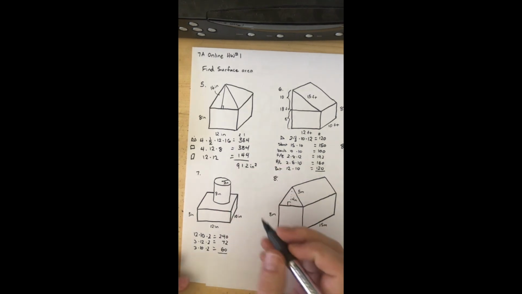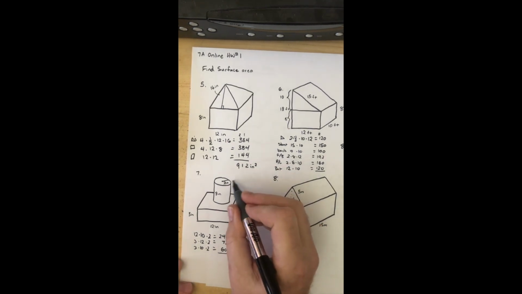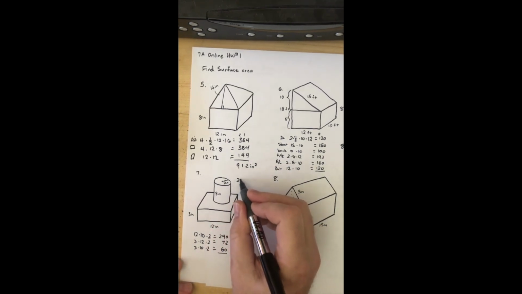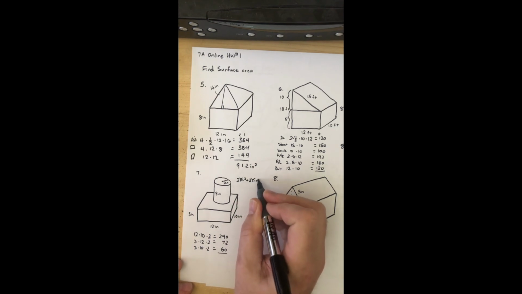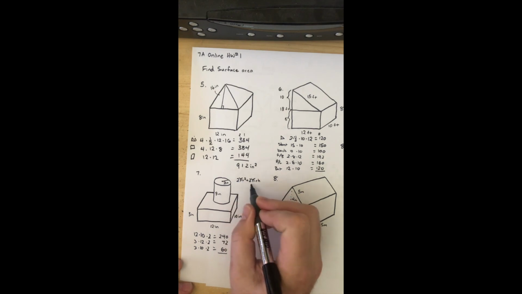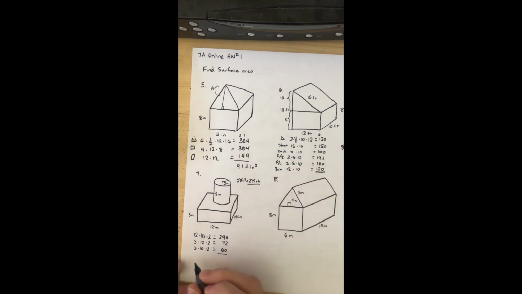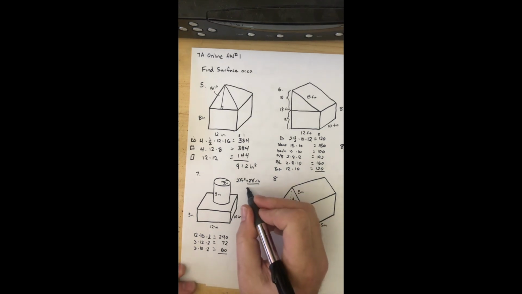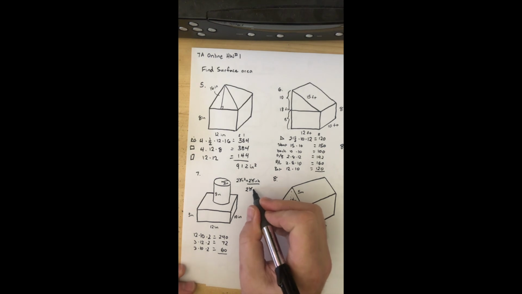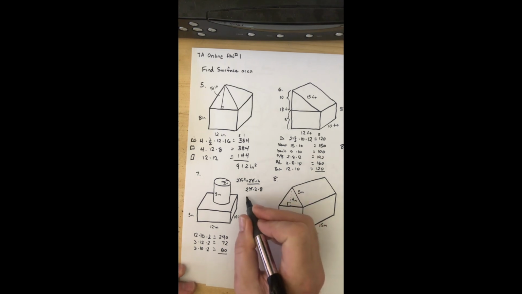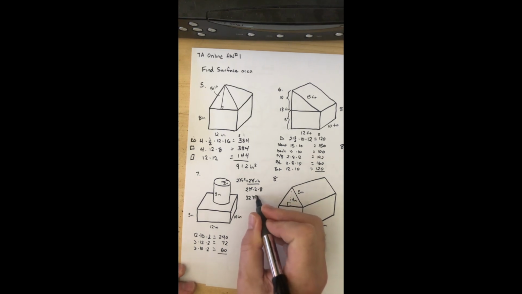The wraparound, as I showed you, I think before, the entire surface area is 2 pi r squared plus 2 pi r h. Remember that these are the 2 circles. This is the wraparound. So I've got 2 times pi times the radius, which is 2, times the height, which is 8. So that's 2 times 2 is 4, 4 times 8 is 32. I've got 32 times pi.